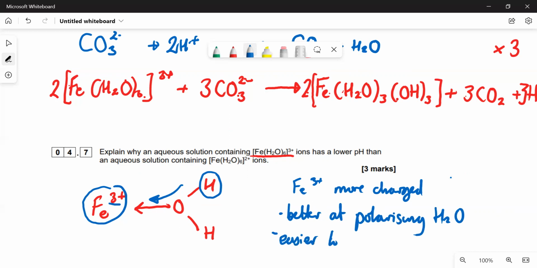So it's going to make the solution more acidic. The pH is going to be lower. Okay.